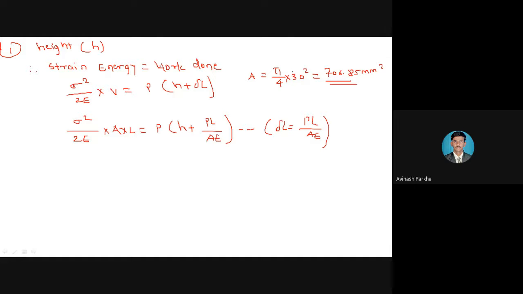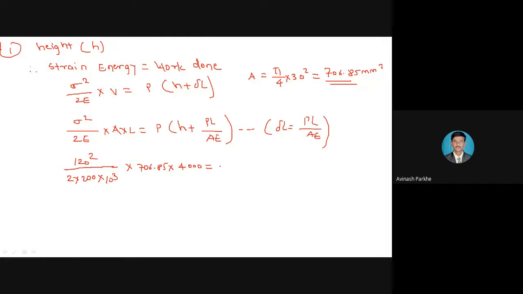Now put all the given parameters in the formula. So sigma, the maximum instantaneous stress, 120 square divided by 2 into 200 into 10 raised to 3 into area 706.85 into length. Length is given in meter, so we have converted it to mm, 4000.